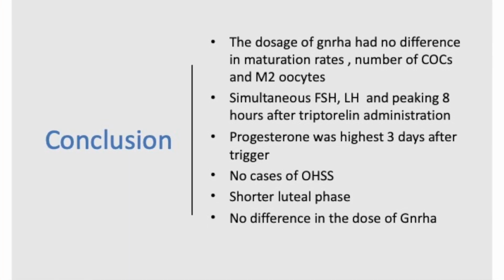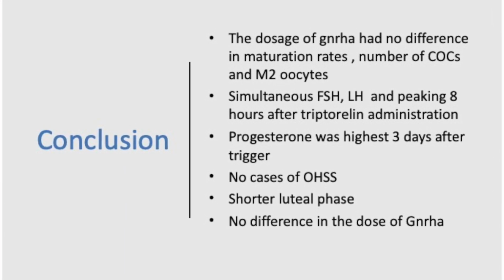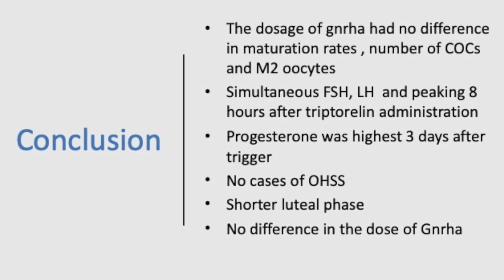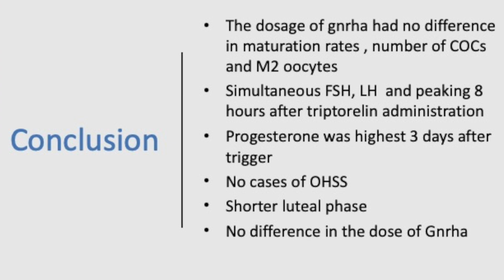So what does this paper tell us, and why is it important? It's important because we don't have a dose-finding study, and we really do not know what is the exact dose of GnRH analog trigger. So what do we think? We think that irrespective of the dose given, of 0.1, 0.2 or greater than 0.4, the mature eggs, the fertilization rate, the cumulus oocyte complex, and the empty oocytes were similar.